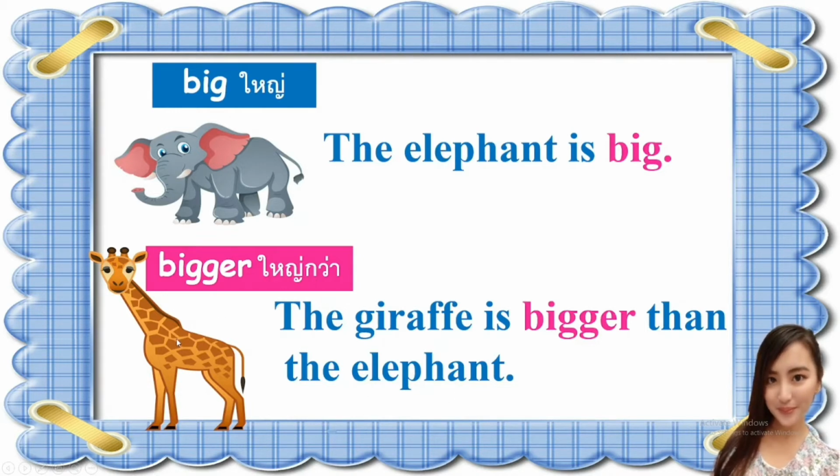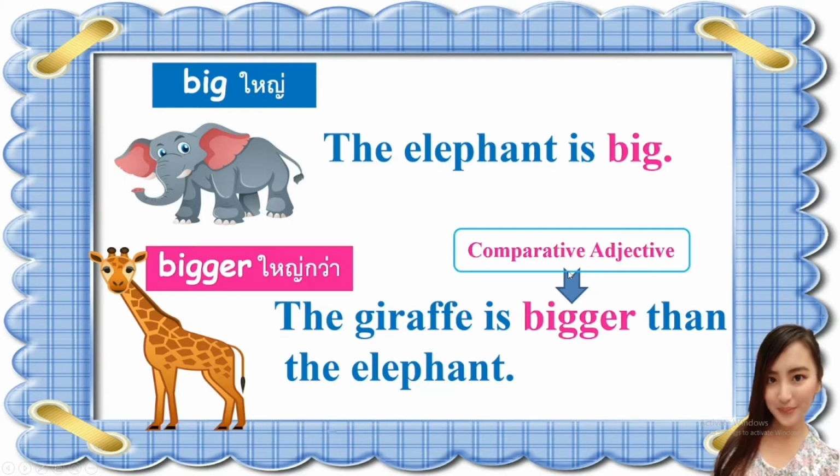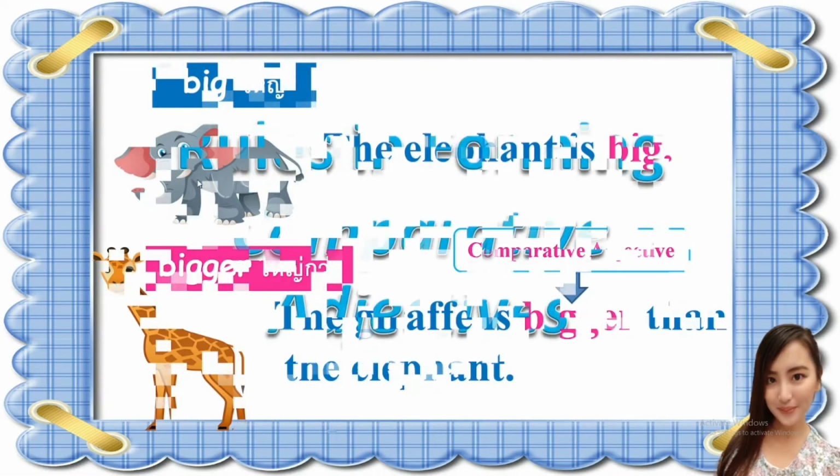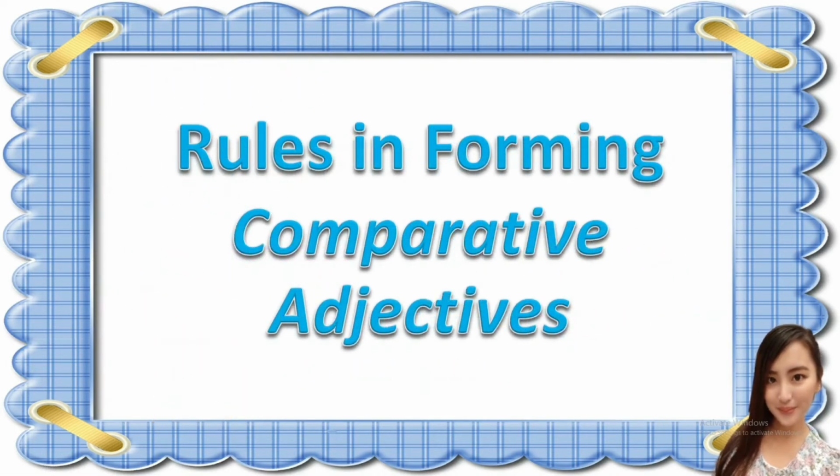So the giraffe is bigger than the elephant. And bigger is a comparative adjective that is used to compare giraffe and elephant. I hope you understand the uses of comparative adjectives.